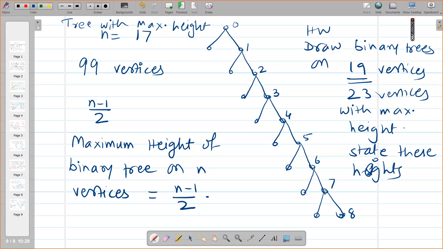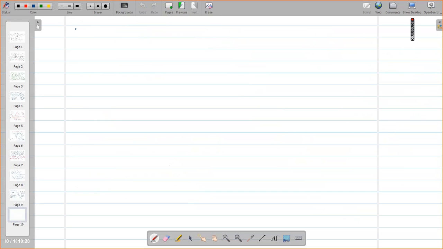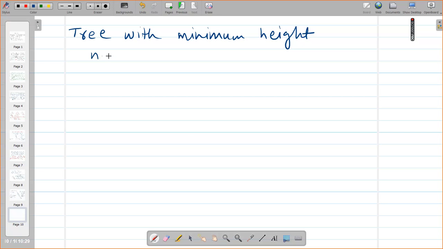Okay. And now the last is tree with minimum height. So suppose again I am taking 17 vertices. Then at each level, you have to utilize the capacity of the level completely.